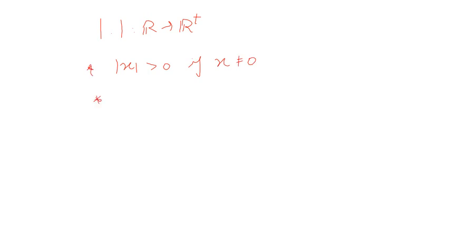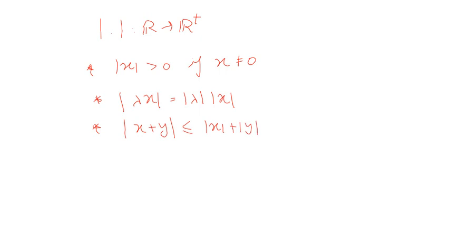The second property we have learned is mod of lambda x equals mod lambda times mod x. The third property is mod of x plus y is less than or equal to mod x plus mod y.